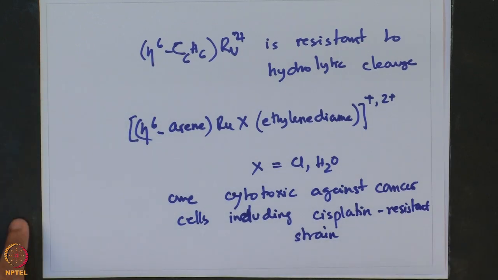So, this is a very interesting application of ruthenium eta 6 arene complexes: they not only can form interesting structures, but because of their resistance to hydrolysis, they have also found use as very good anti-cancer agents. Not only that, they are also quite active against the strains where cisplatin later becomes ineffective, so these ruthenium compounds are active against the cisplatin resistant strain as well.